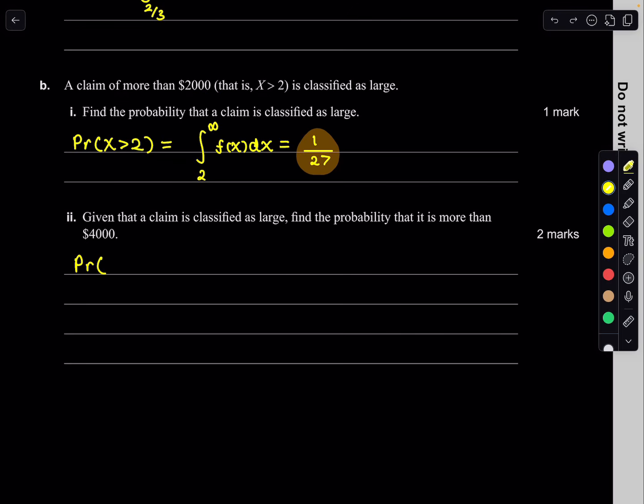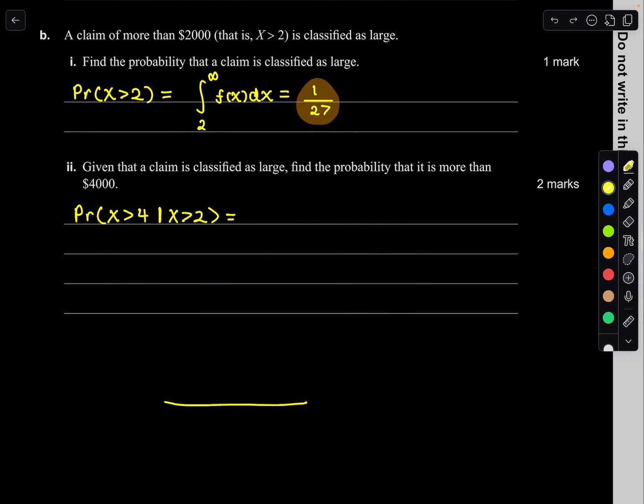So given that x is more than 4, that's 4,000, given that the claim is classified as large, which means x is greater than 2. And of course, we need to use the conditional probability formula, which is finding the intersection between these two, which you can just draw on a nice little number line.